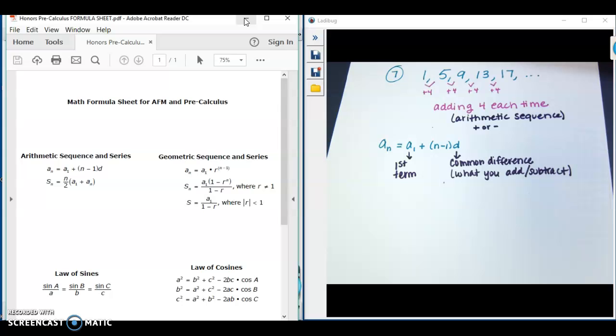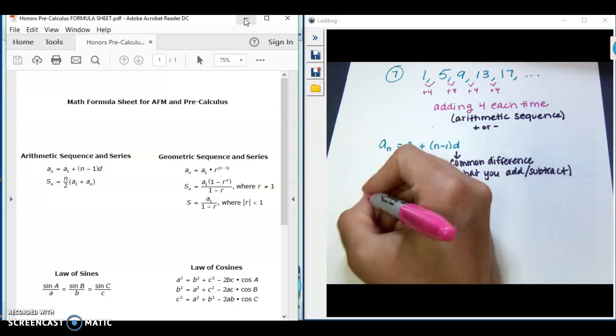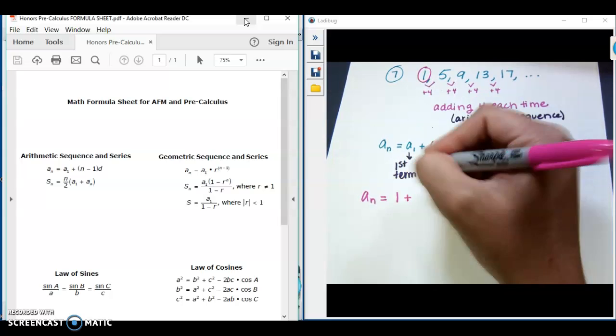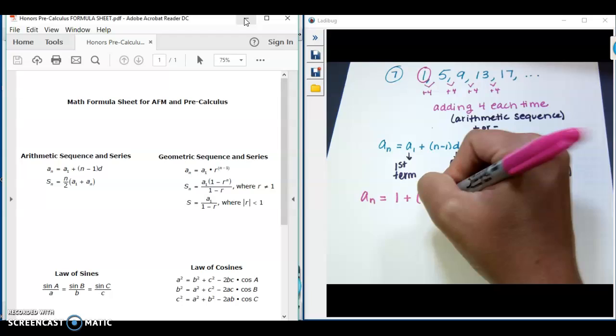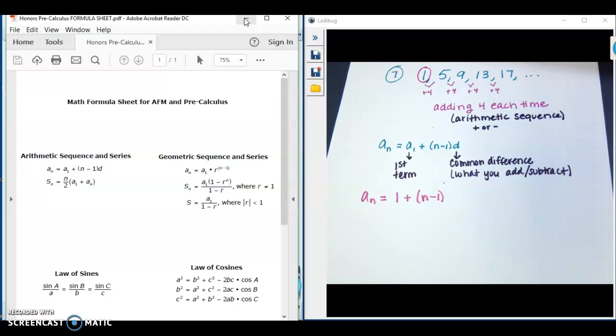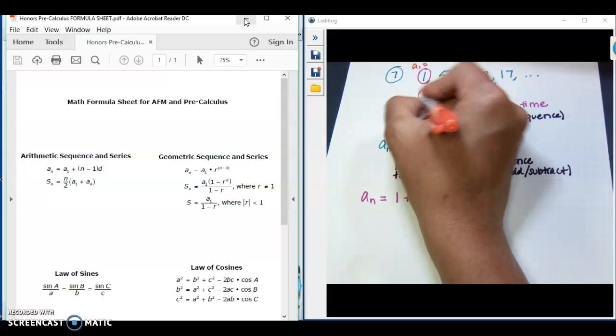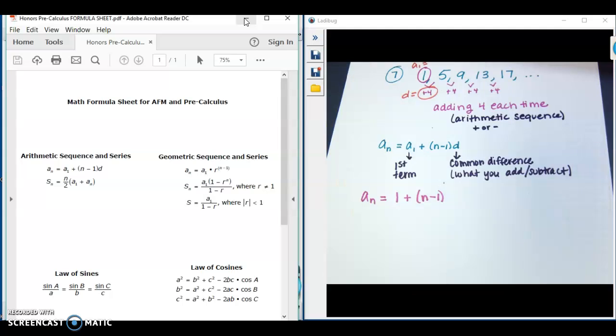So we're just going to fill this formula in and it makes the formula for you. So that's nice as long as you know that it's arithmetic, you know to use that formula, and then you can plug it in. So a sub n equals, well, our a sub 1 is the first term. Well, the first term of my sequence is 1 here, so we're going to put 1. Plus, we're going to keep the n minus 1 because we want to have that variable n. And then the common difference, so let me label this up. So our a sub 1 was 1. The common difference is what you're adding or subtracting each time.